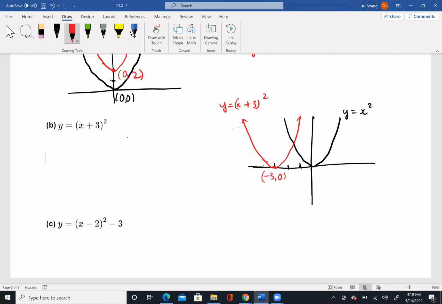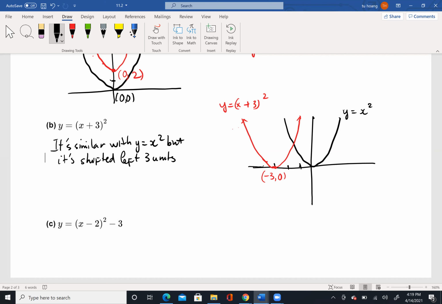So for this one, say it is similar with y equal to x squared, but is shifted left 3 units.